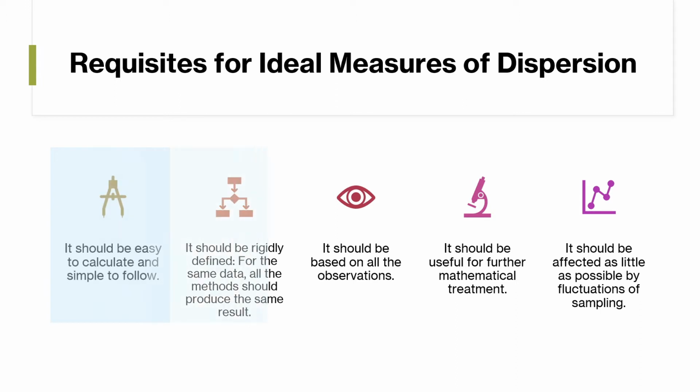Second condition is that it should be rigidly defined. Third condition says that it should be based on all observations. Fourth condition says it should be useful for further mathematical treatment, and in the fifth condition, we ensure that our values are not affected much by fluctuations of sampling.